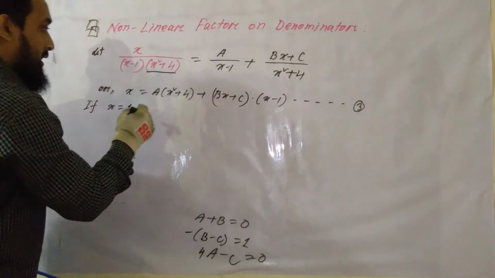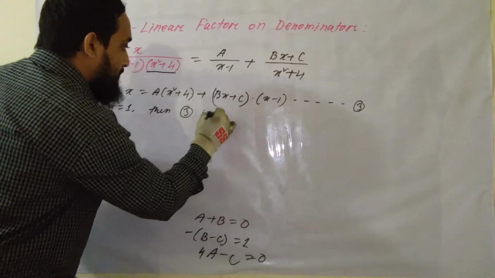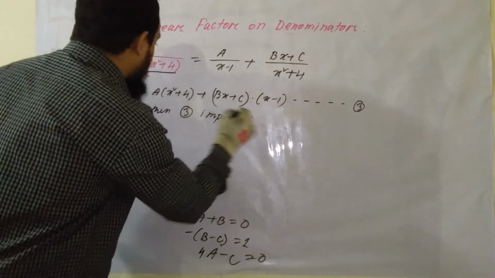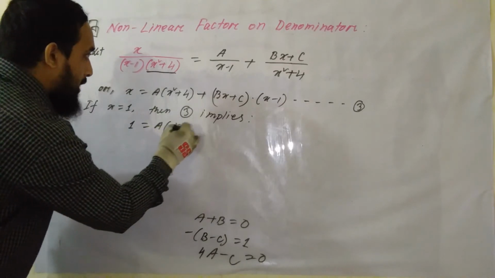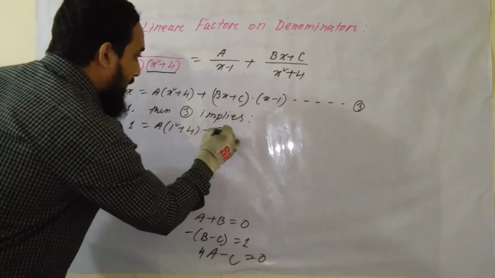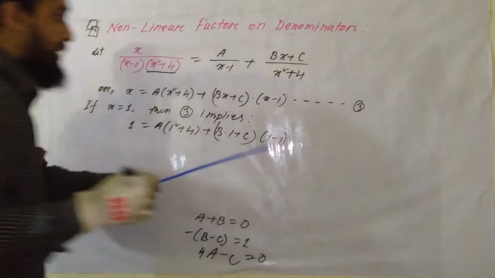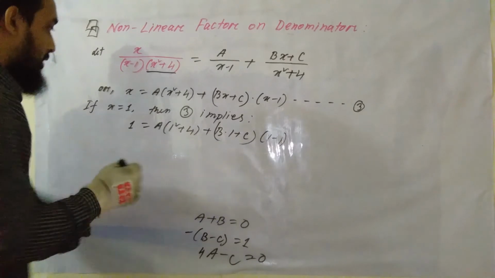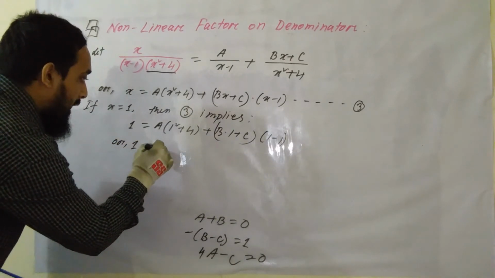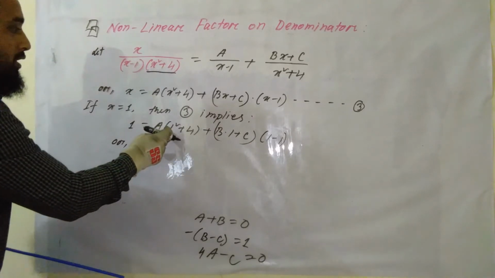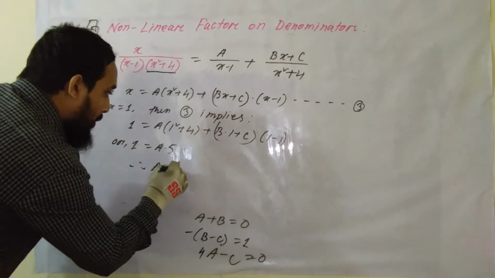So we get 1 is equal to a into 1 square plus 4, plus b into 1, plus c into 1 minus 1. Look, 1 minus 1 is 0. That means this whole term becomes 0. So here we get 1 is equal to a into 1 square, which is 1, plus 4 is equal to 5. Therefore we get the value a is equal to 1 over 5.